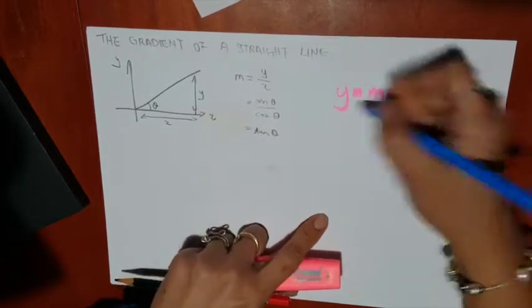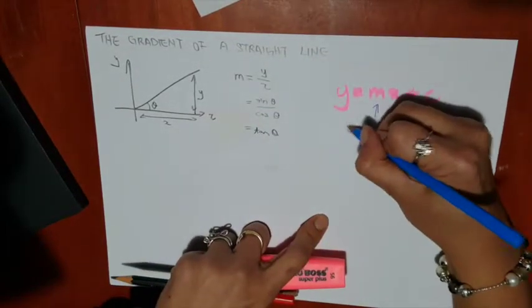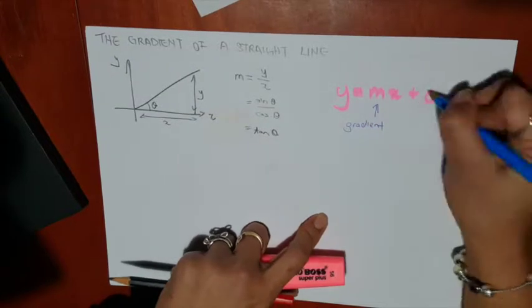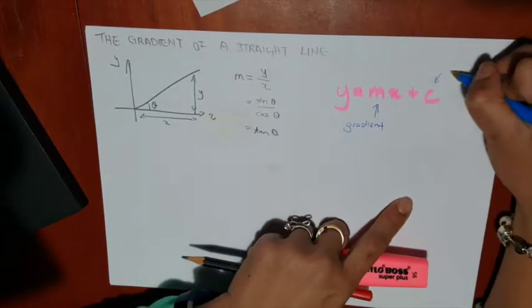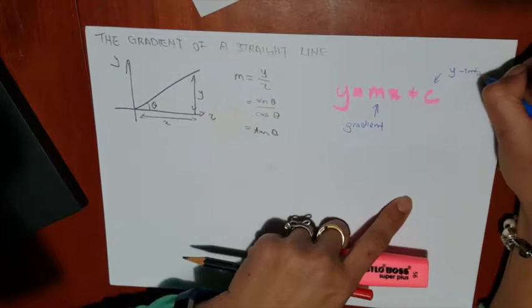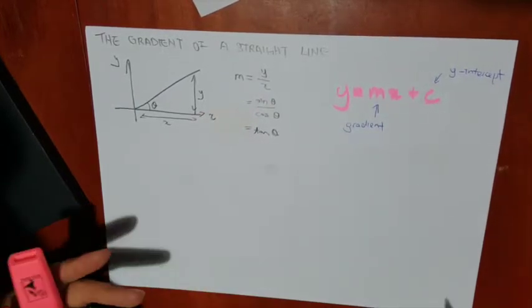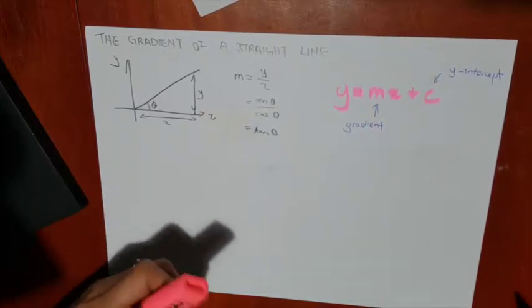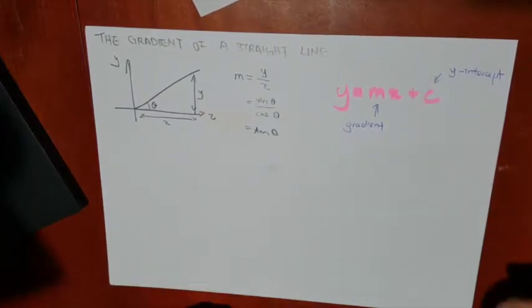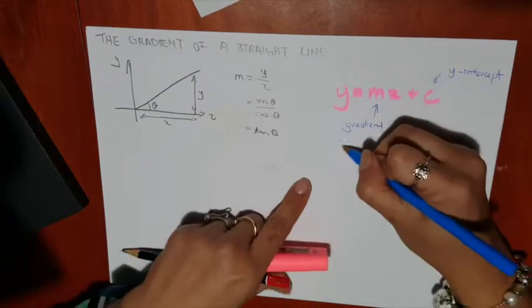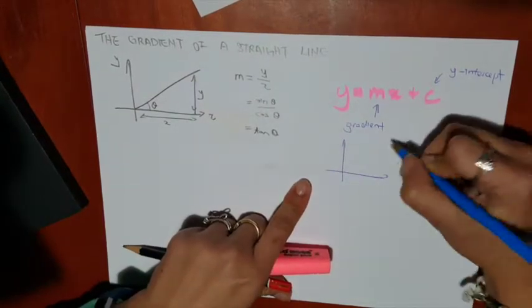The m, as we have learned just now, is the gradient. And what about c? The c is the y-intercept. It's when the line crosses the y-axis.